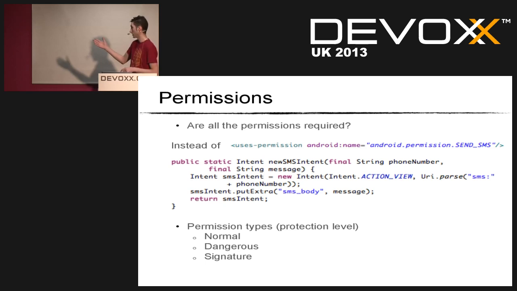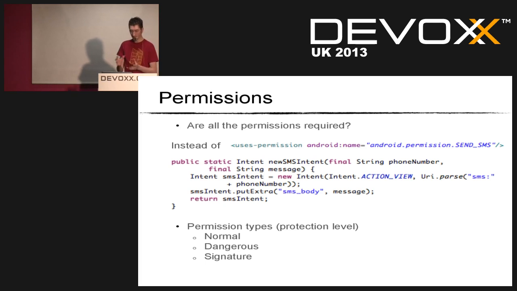This is just a quick example of how, if your app needs to send an SMS, instead of needing that very dangerous permission to send SMSs, you could just use an intent and send it to the SMS app. That doesn't work if you absolutely have to send it, but the code does the same sort of thing. It just offloads it to the SMS app.